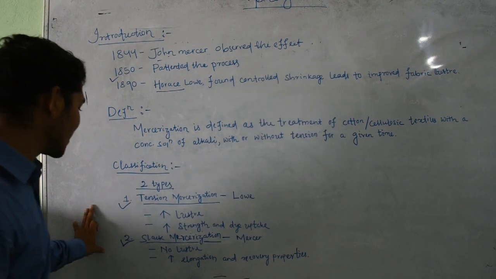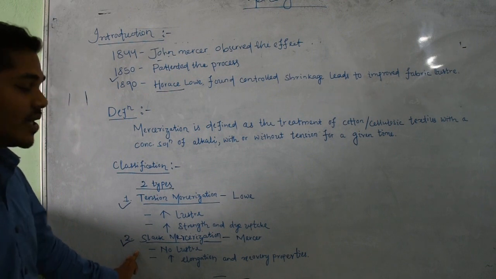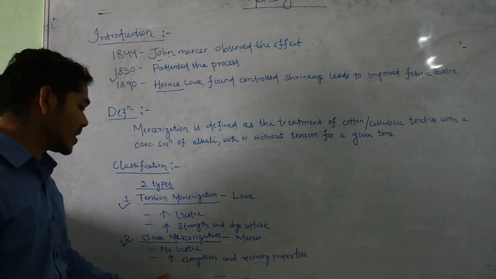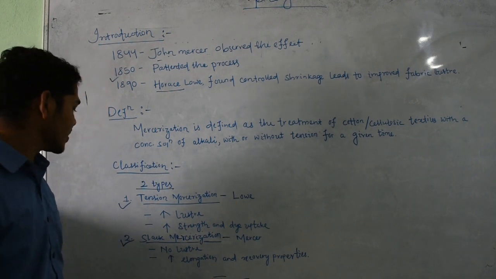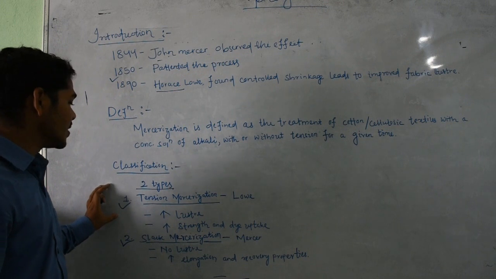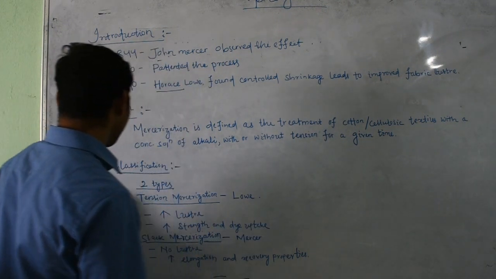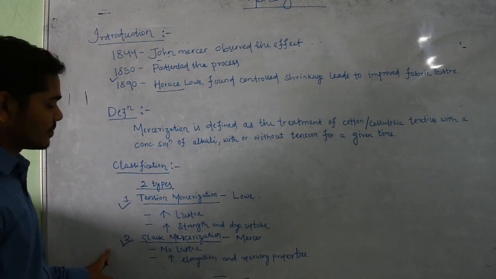And in the slack mercerization process, there is no significant improvement in luster, but there is an increase in elongation and recovery properties of cellulosic textiles. Again, tension mercerization was developed by Lowe, and slack mercerization was developed by Mercer.